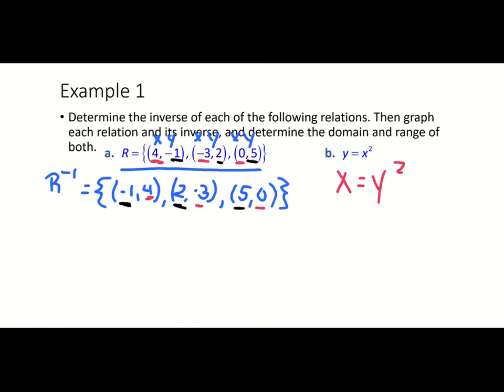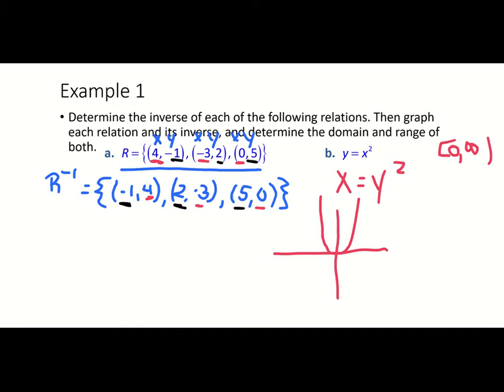We switched our x and our y, and that is going to be our inverse. The domain for the first one, as we know, it's a parabola. So your domain would be all real numbers, but your range, because remember, if it's x squared, the parabola would start at 0. So our range would be 0 to positive infinity.